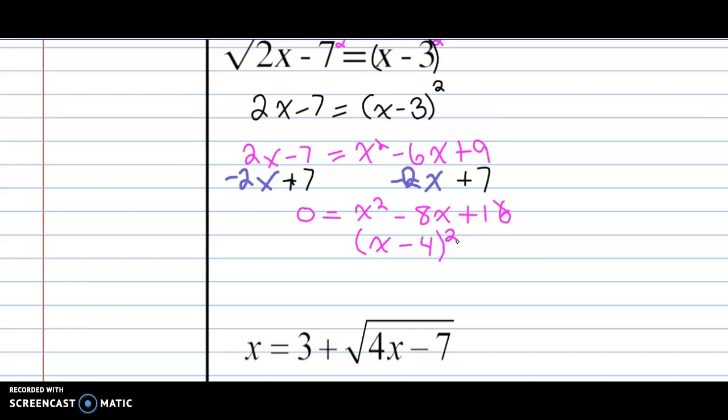Okay, because there's going to be 2. So if I solve for this, I set up x minus 4 equals 0. So I add 4 to both sides. X equals positive 4.